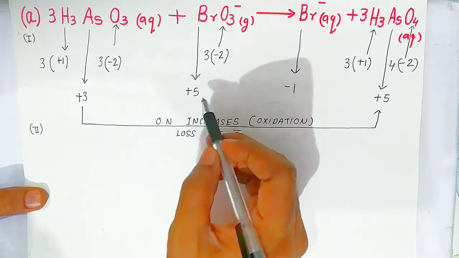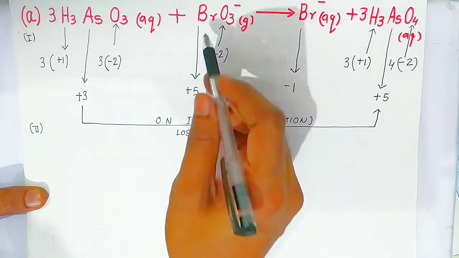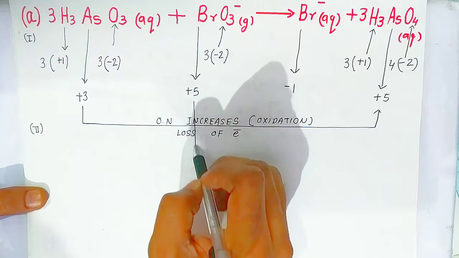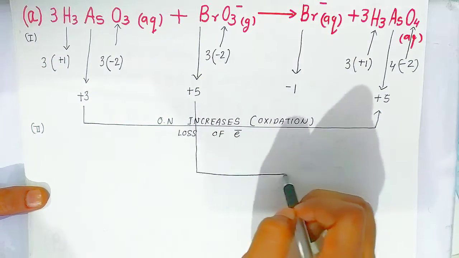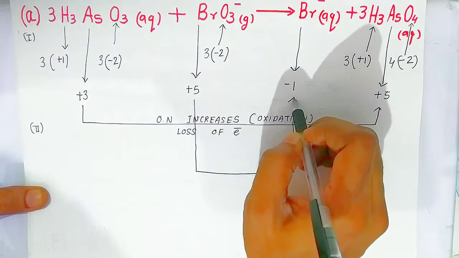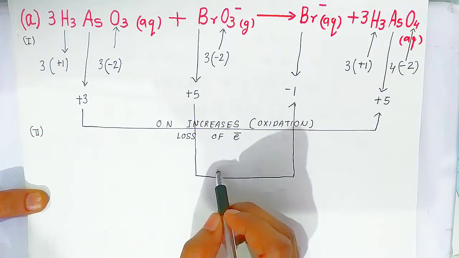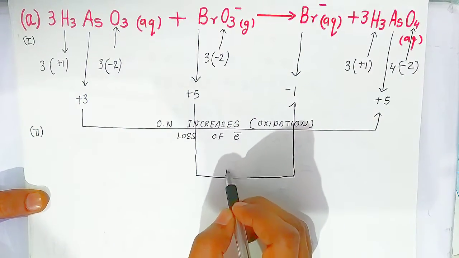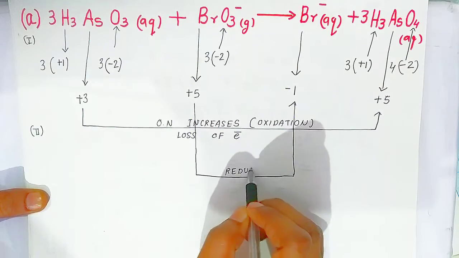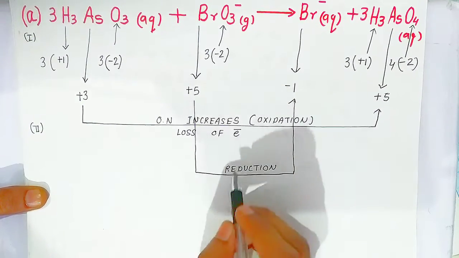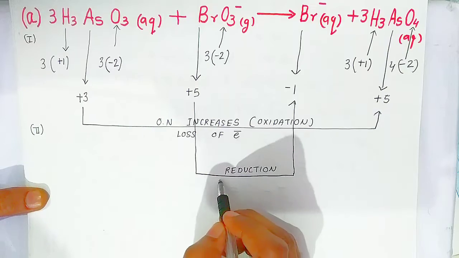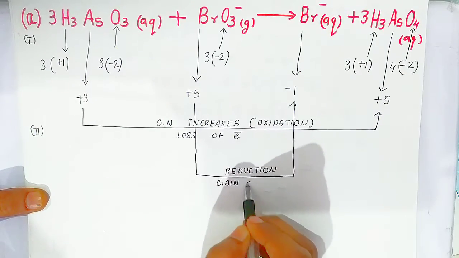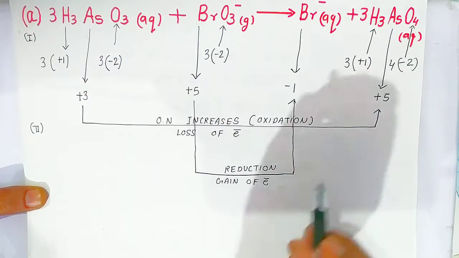Now in bromine trioxide, students, when you see +5 to -1, the oxidation number decreases. So what is it? Reduction. Why is it happening? Because it has taken electrons, so there is a gain of electrons, which leads to reduction.